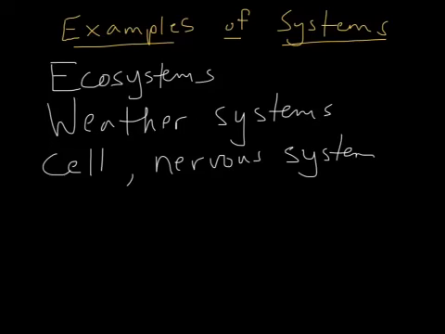It doesn't have to end in system to be a system. The Dow Jones Industrial Average we mentioned today could be considered an economic system, and there are social systems also. So these are just a few of the systems that we have out there.